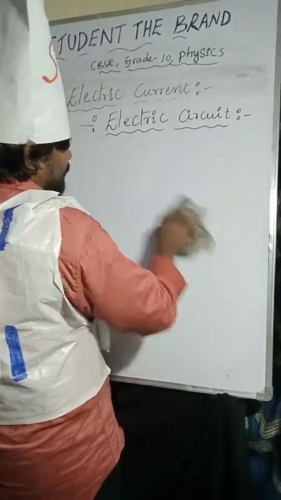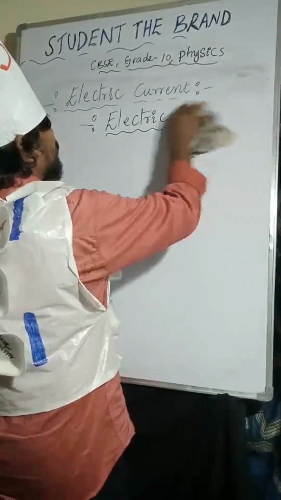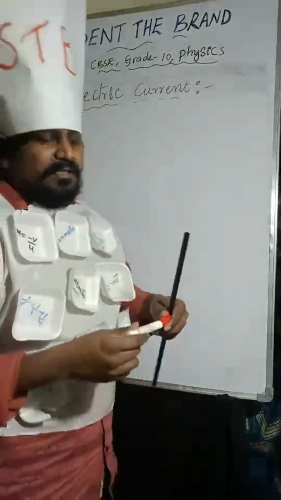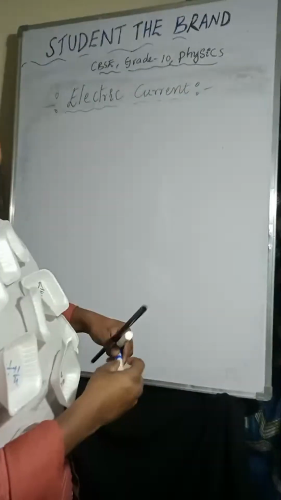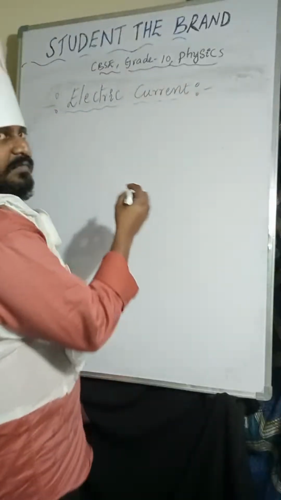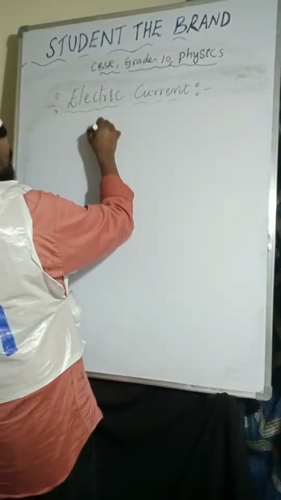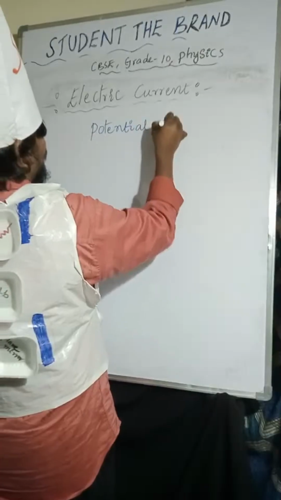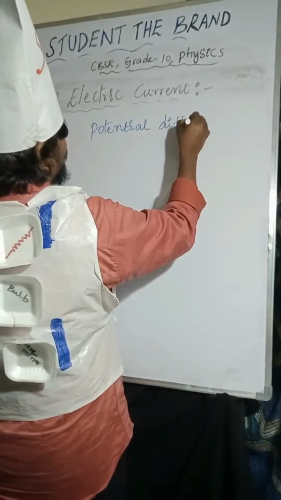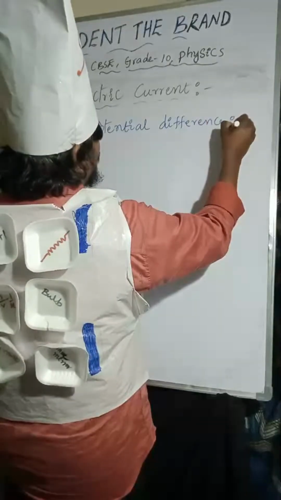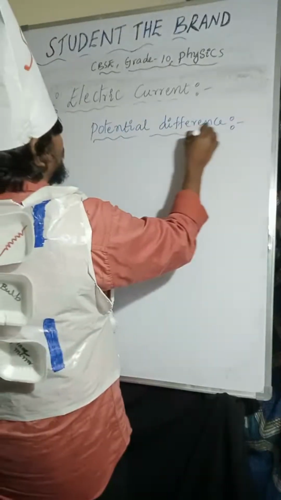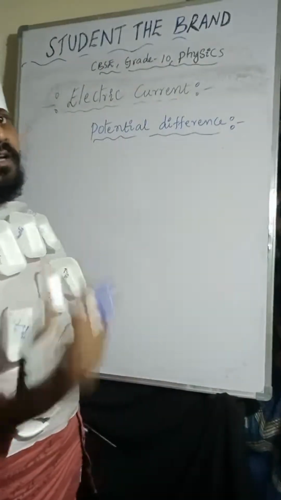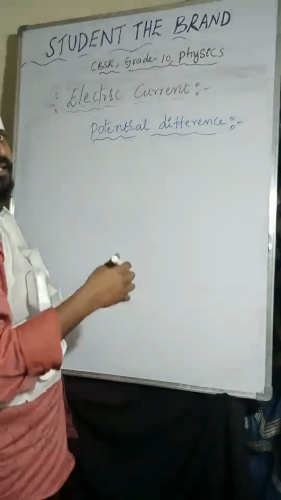Potential difference is nothing but the work done to bring unit positive charge from one point to another point within the conductor.